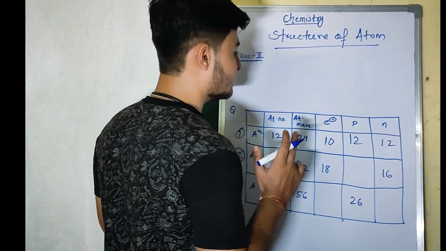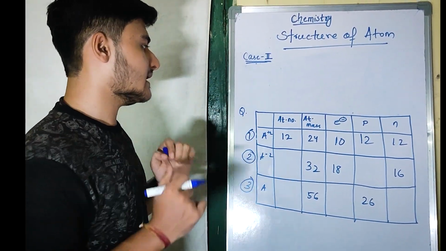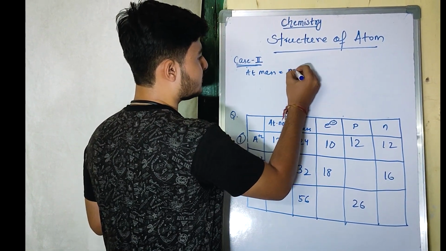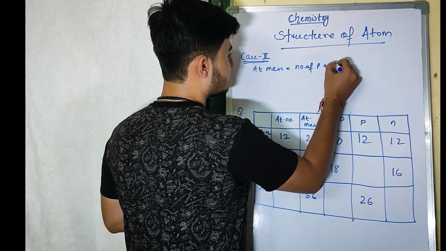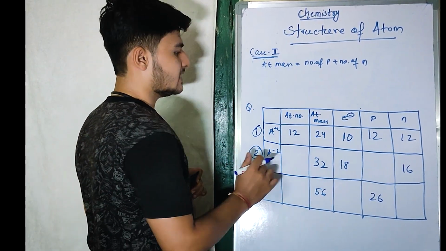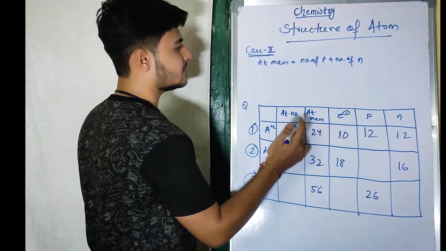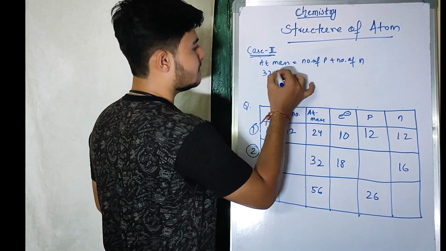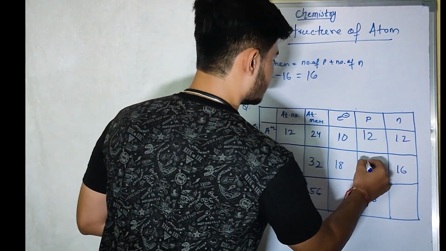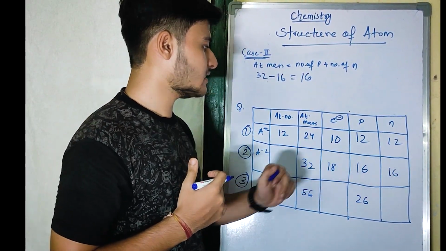So we have to remember a formula that is related to the neutron or atomic mass: atomic mass is equal to number of protons plus number of neutrons. Now the number of protons is not given, but the number of neutrons and atomic mass have been given. So if we subtract the number of neutrons from the atomic mass, we get the number of protons. Atomic mass 32 minus 16 is equal to 16, so the number of protons is 16.